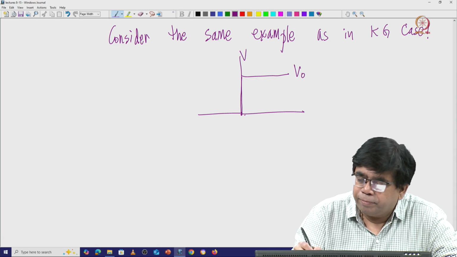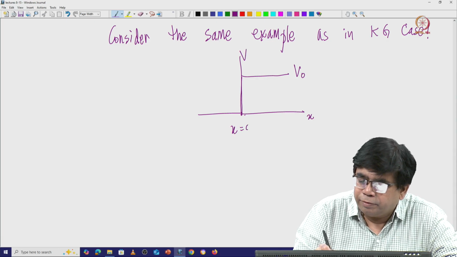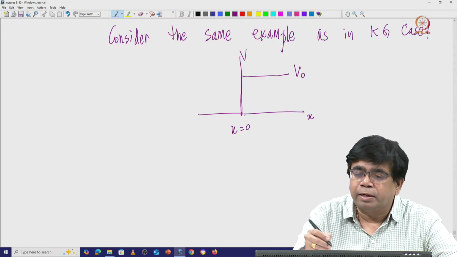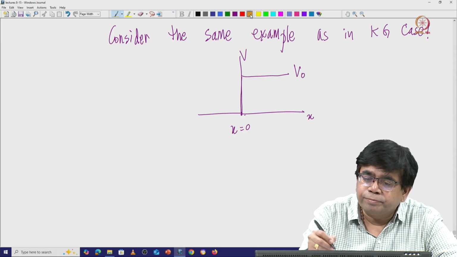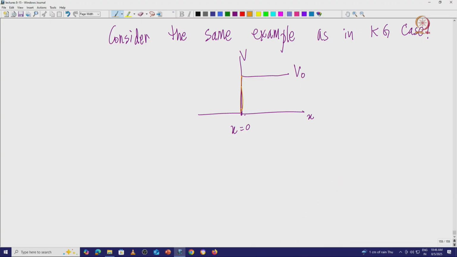Say for example, we had a potential of this particular type, with a hat of this particular kind.